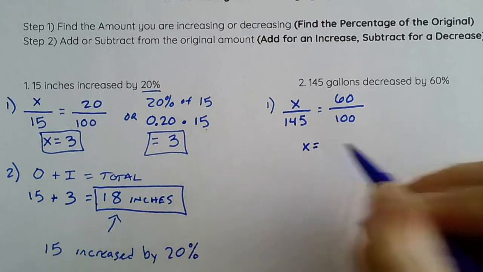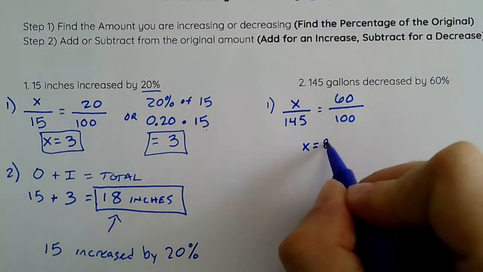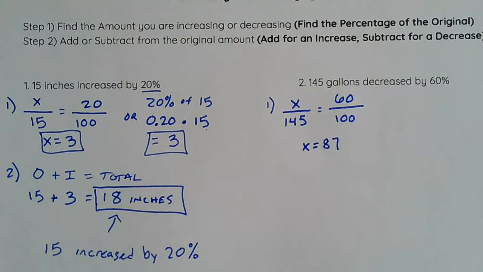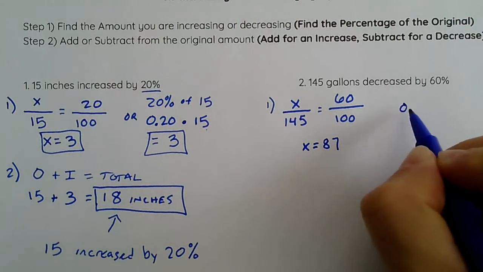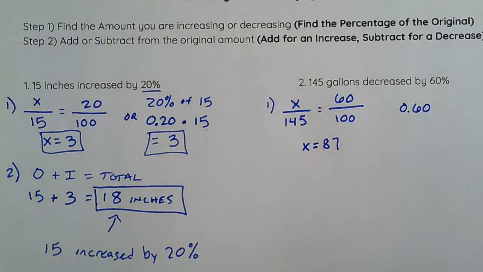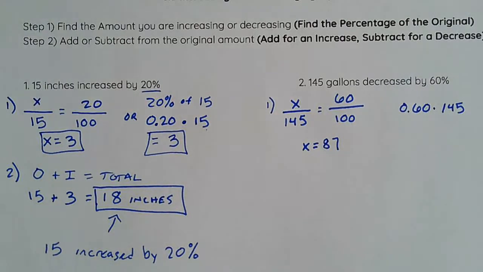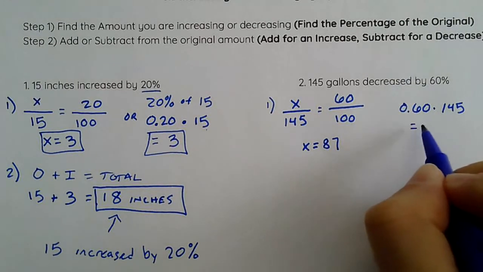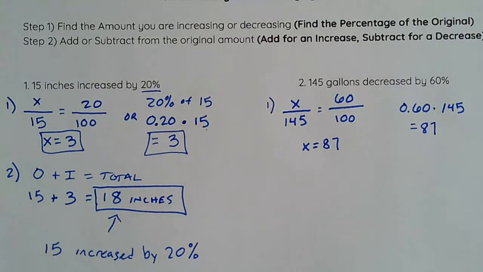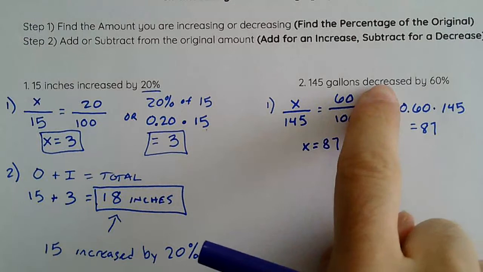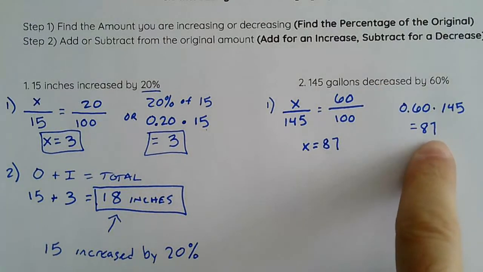Cross multiply and divide gives us a value of 87. Or option 2, we can do 60% as a decimal times 145, also giving us a value of 87. So we're taking 145 gallons and we're decreasing it by 87 gallons.